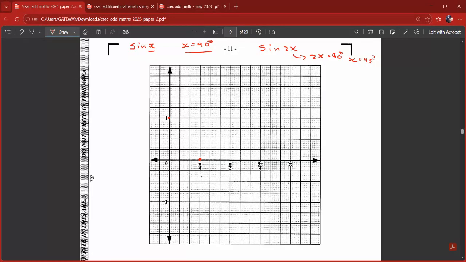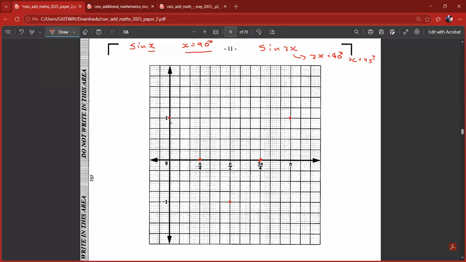Then negative 1 will be pi over 2, which is here. Then it will pass through this point here. And then the complete revolution will be for when you have pi, right?